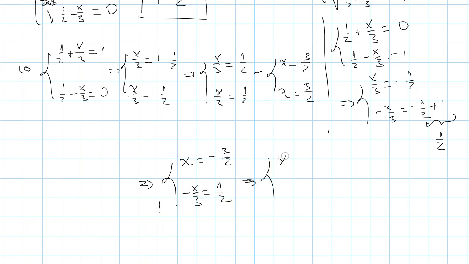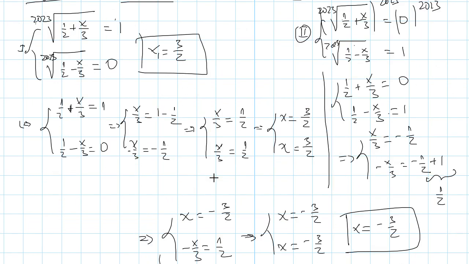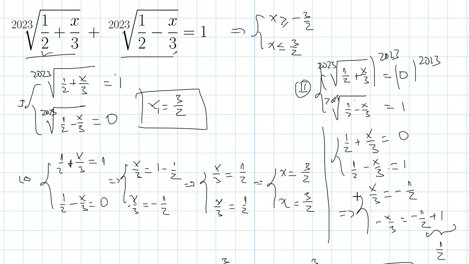So I have x equals -3/2, and x equals 3/2. So I get my answer as -3/2. So the first answer is this one, and the second answer is this one, and it obeys our condition here.